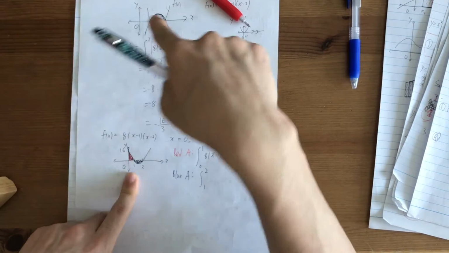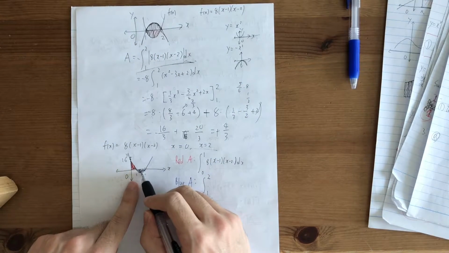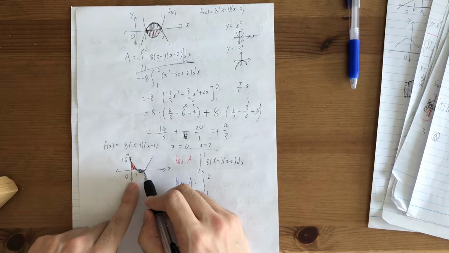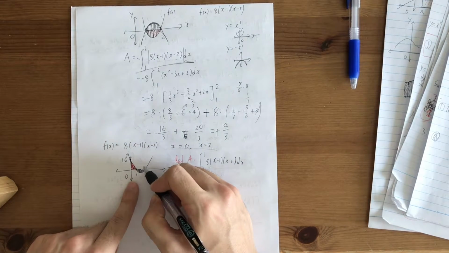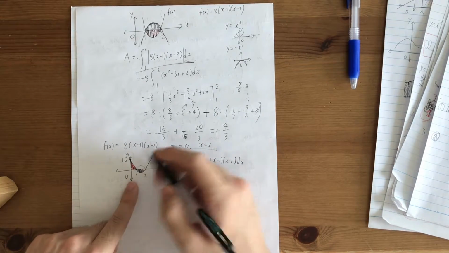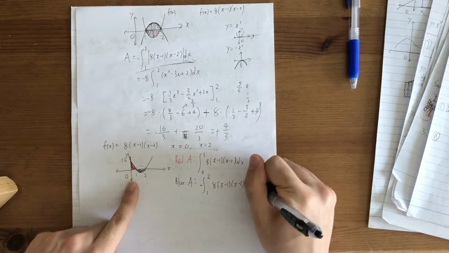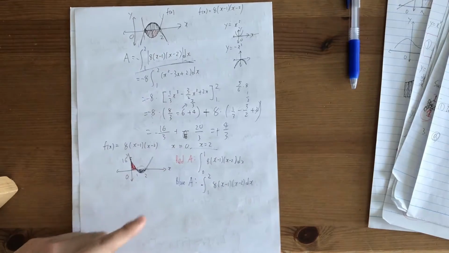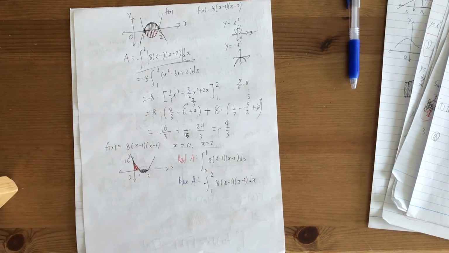But again, as mentioned in this problem, all the lengths are right now negative. So what we do, we put a negative sign in front so that it becomes positive. All the lengths become positive, and then we just integrate as we did just now, and add these two up, and we'll have the area.